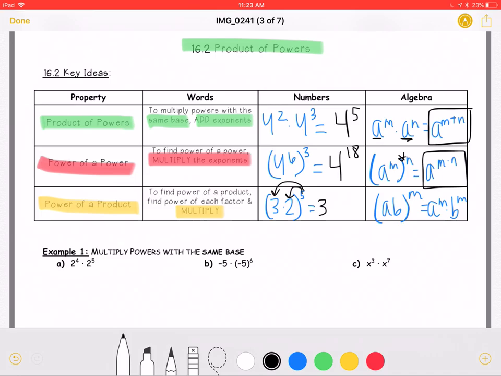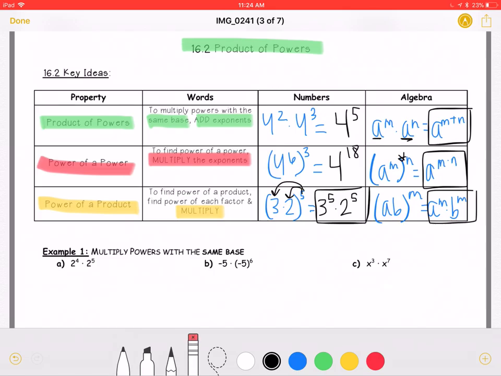So I'm going to have 3 raised to the 5th power times 2 raised to the 5th power. Now those are different bases. We cannot combine them any further. So this is our answer here. So it's like you're distributing. You're going to give each base that common power that it's being raised to.